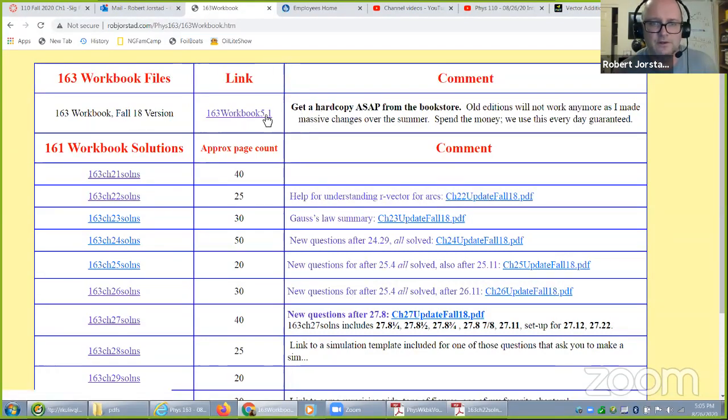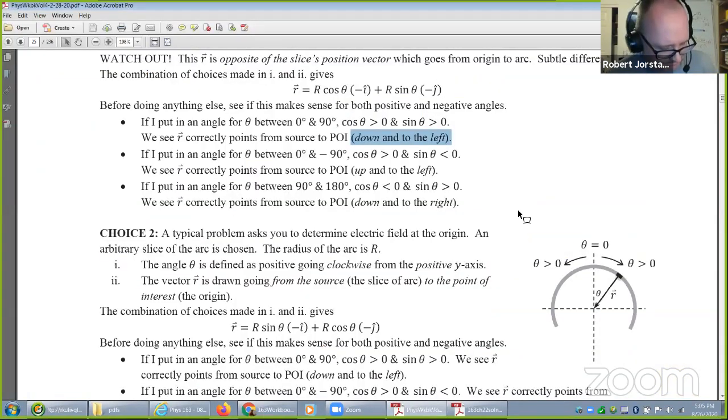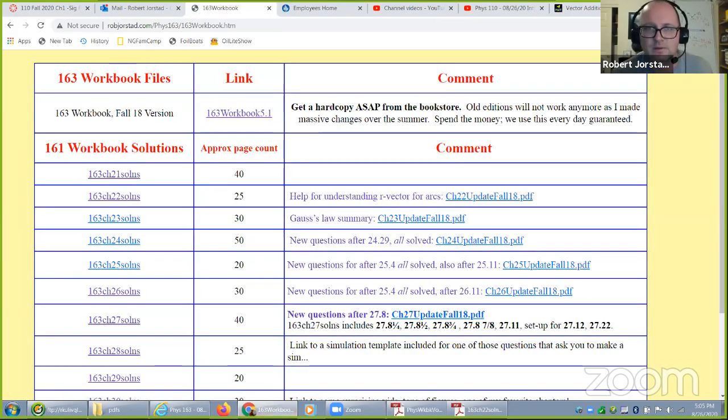I don't know where the new version is, but there's the workbook. That's the old version. I think I put the new version in, oh, it was in Canvas, wasn't it? Let me see if I can. Whatever, let's worry about that later. Anna, if you're looking for the latest version of the workbook, it's somewhere. I don't know, but you can use this one in the meantime.